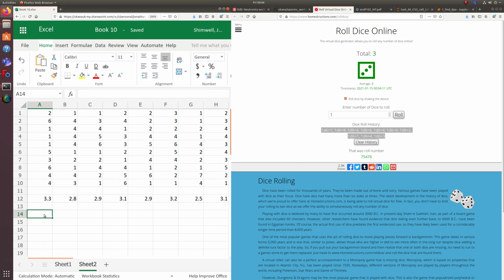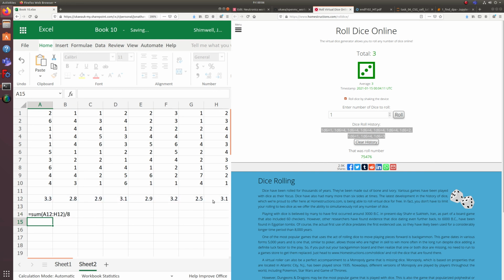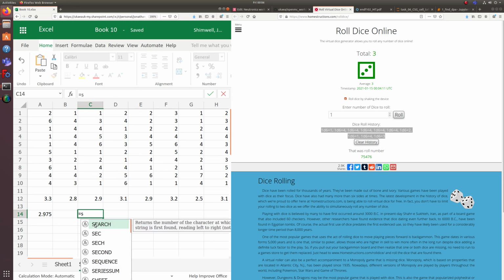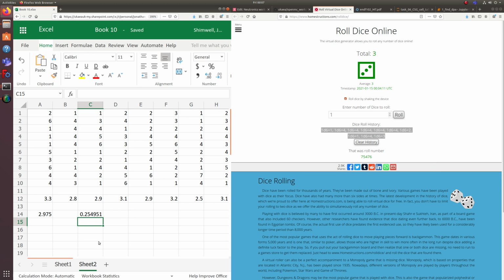So I still don't know what my final neutronic simulation result is, so to find out the final answer, you sum them all up and divide by the total number of batches. So my final answer is 2.975, and I have a standard deviation on that of 0.25.